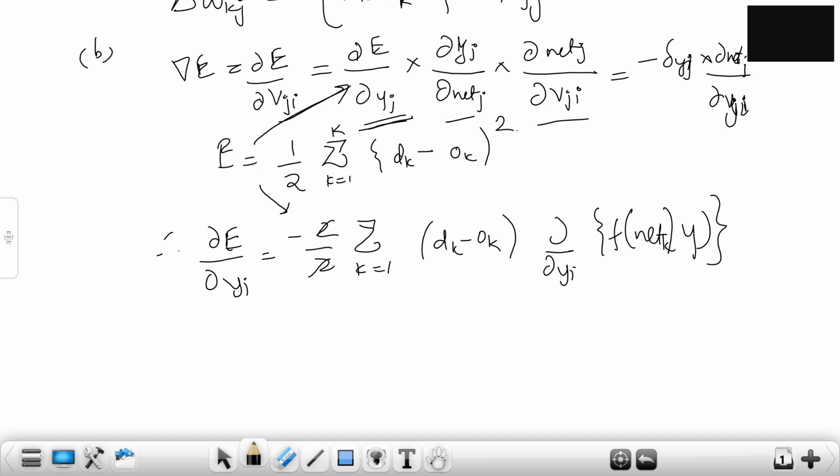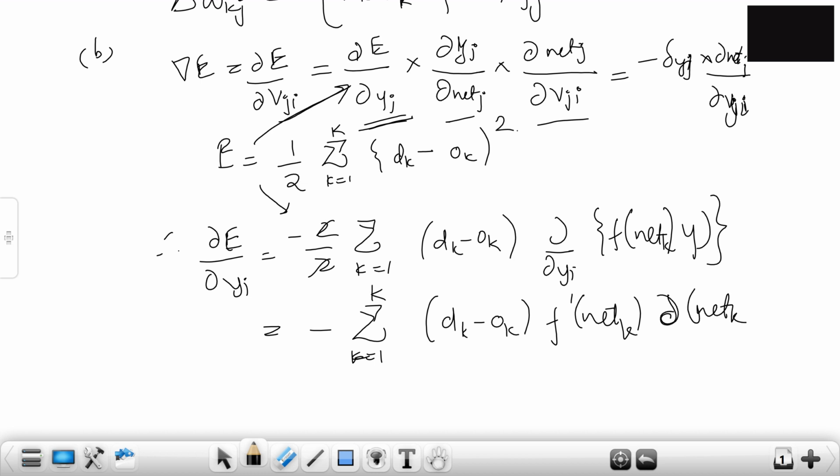Once you have done that, finally what you get is minus the summation, k going from 1 to K, of (d_k minus o_k) f' of net_k and ∂net_k upon ∂y_j, because of this part here.